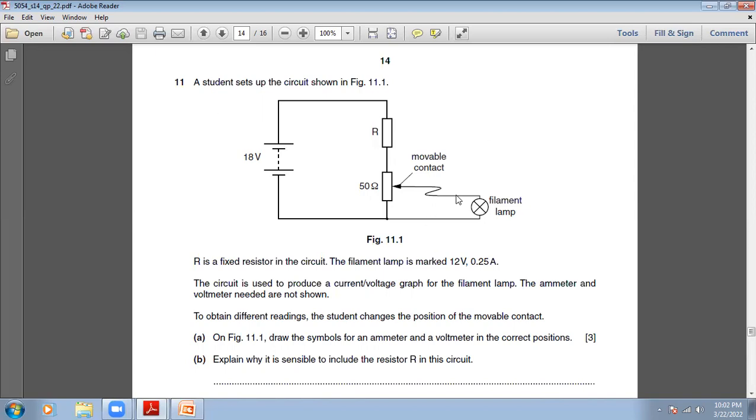So you remember, if you want to add a voltmeter here, so it can tell you what voltage drop across the filament lamp, that should be connected parallel to the filament lamp. So I will draw it here. The voltmeter should be connected parallel to the filament lamp, and the ammeter should be in series with the filament lamp. Ammeter is always connected in series with the device through which you want to measure how much current is flowing.